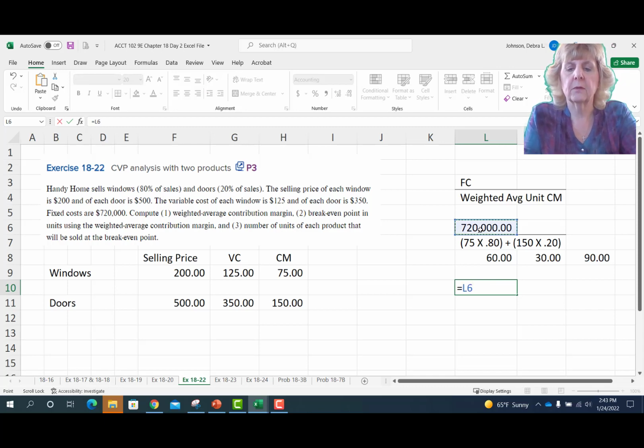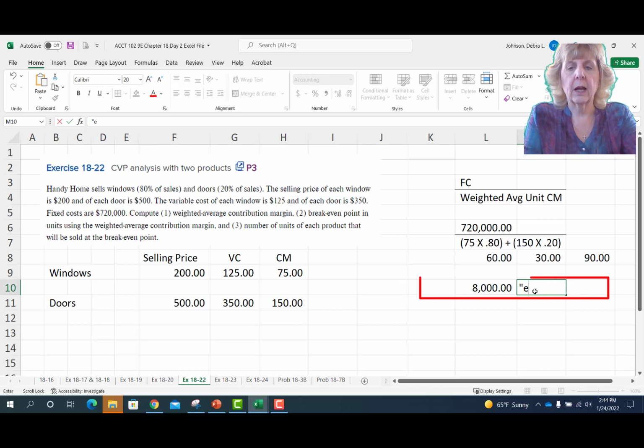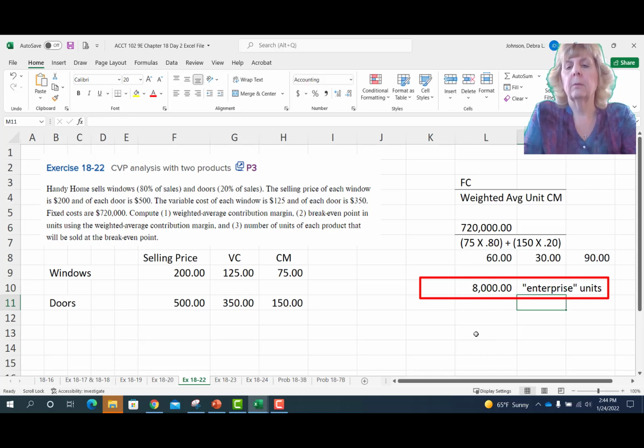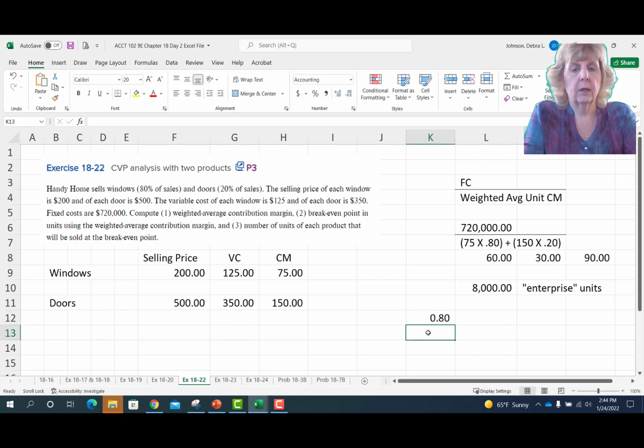The fixed cost of $720,000 divided by the weighted average contribution margin of 90 gives us 8,000, for lack of a better word, and I didn't see one used in the book, enterprise units. The problem is we don't sell enterprise units. We sell windows and doors. So I'm going to weight this back by 80% on the windows and 20% on the doors.